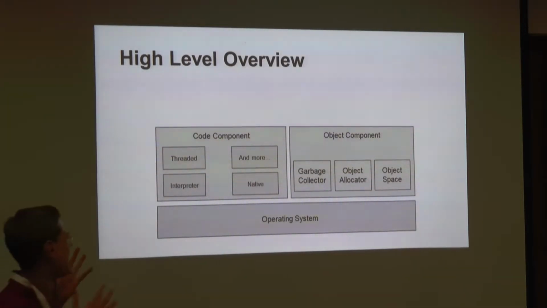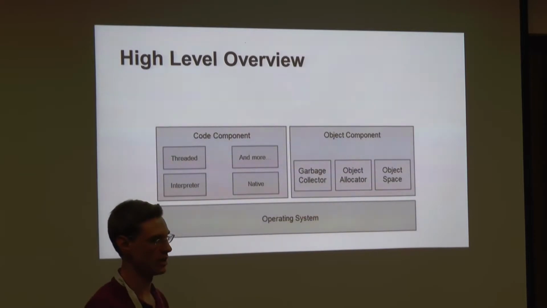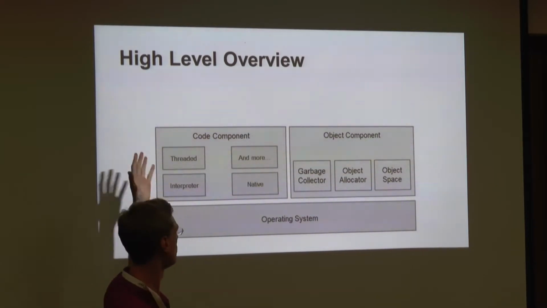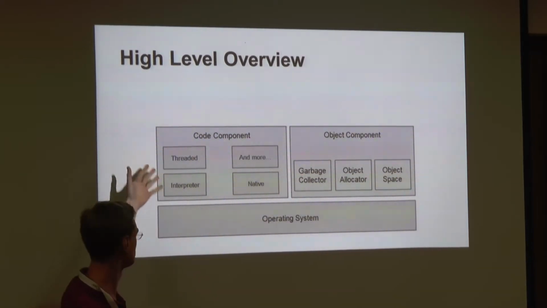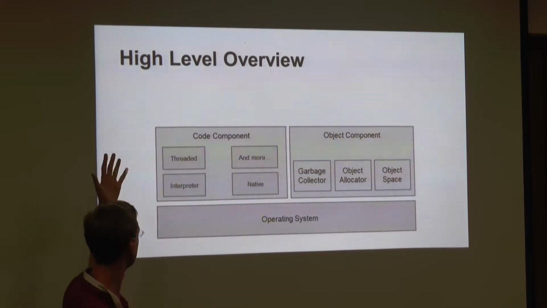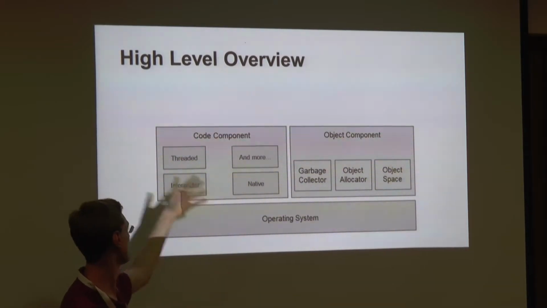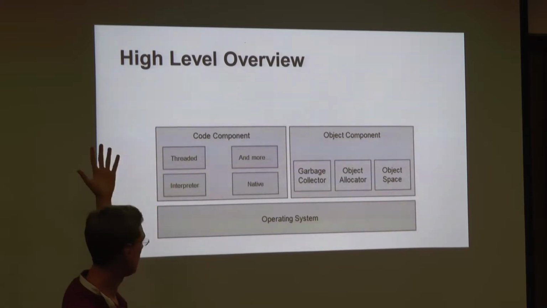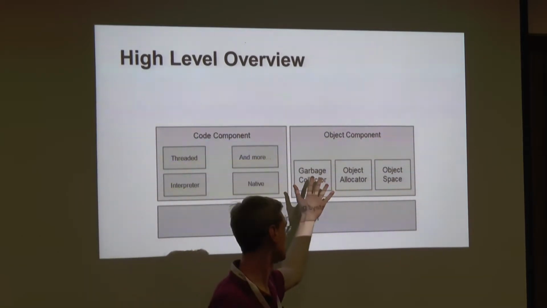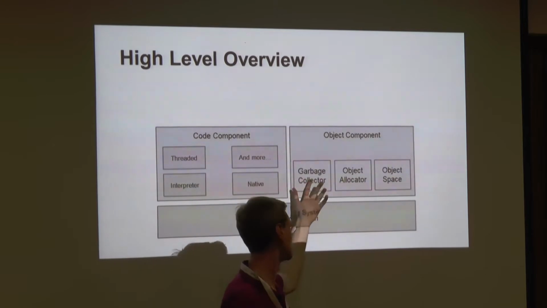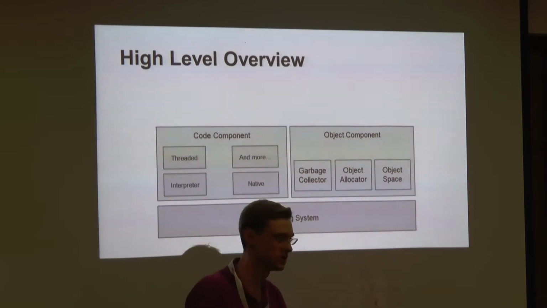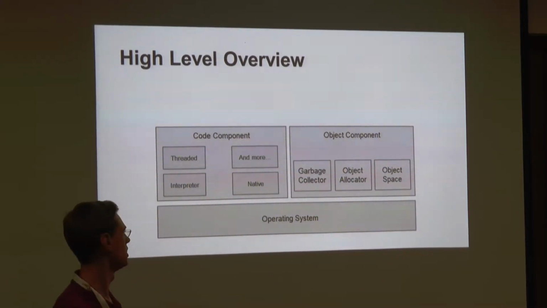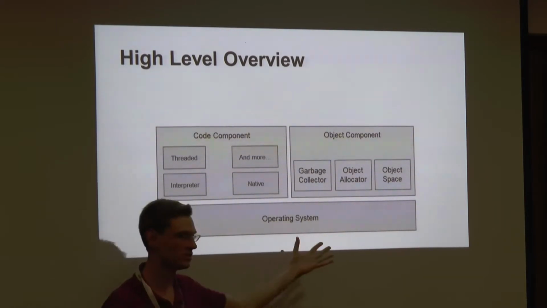This is a high-level overview of how the evaluation system works. You have the code component, and there are multiple ways of executing code, for example the native, the threaded, and the interpreter. These work together with the object component, which has the garbage collector, object allocator, and object space. They communicate with each other to evaluate programs, and this is all above the operating system.